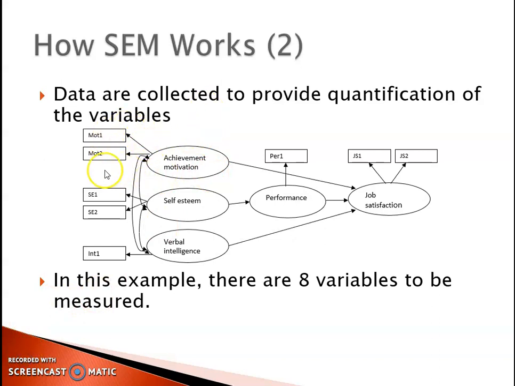You can see here I used two measured variables to indicate achievement motivation, self-esteem, and job satisfaction. And for the other two, verbal intelligence and performance, I only have one measurable indicator for each, with the lines that show the relationships between the variables. I actually already specified the parameters of the conceptual model we just proposed.